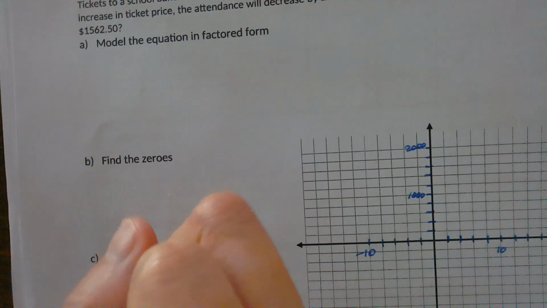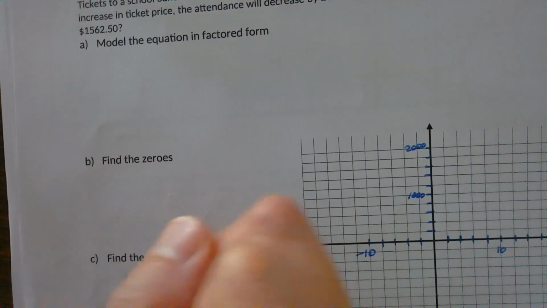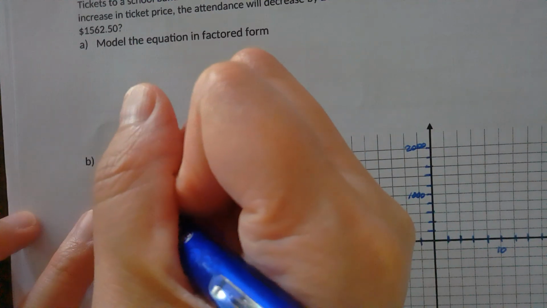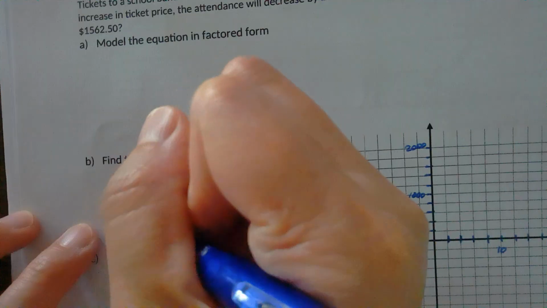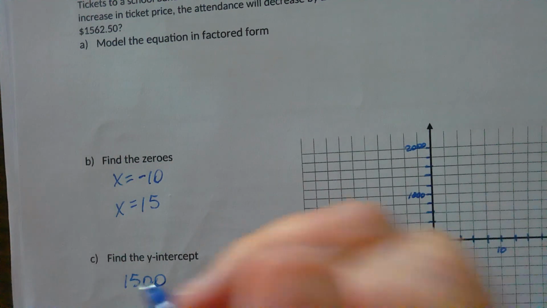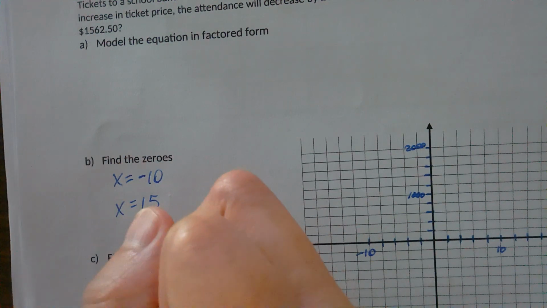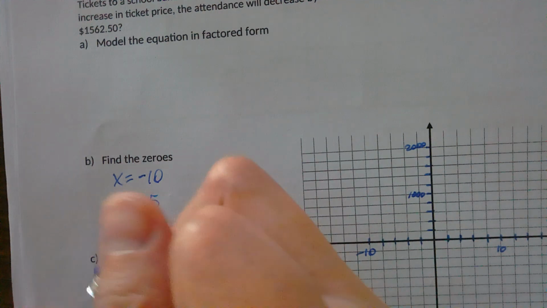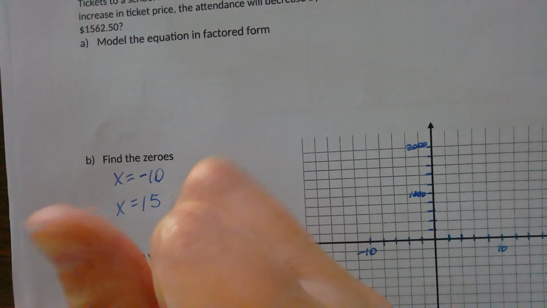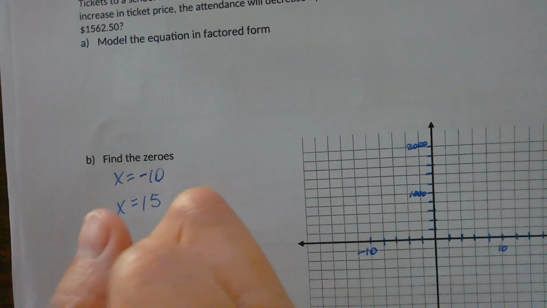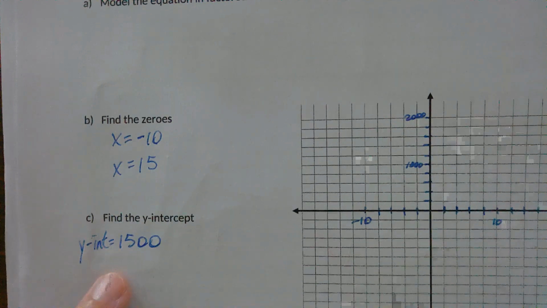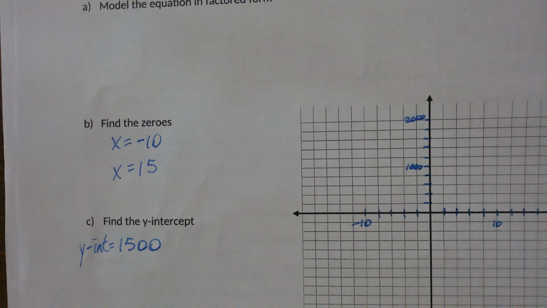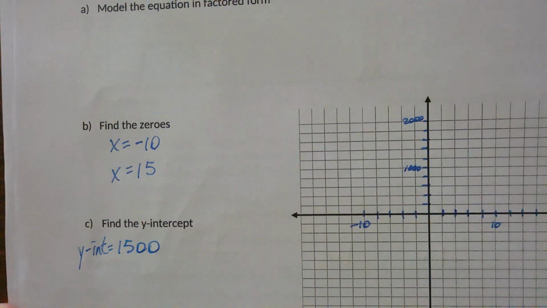So 1500 is your y-intercept, and your x-intercepts are negative 10 and 15. Because it's not a line, it's a parabola, I'll just write y-intercept equals 1500.